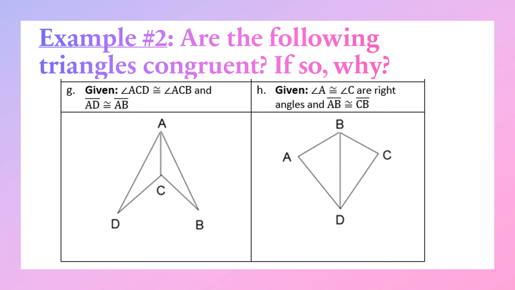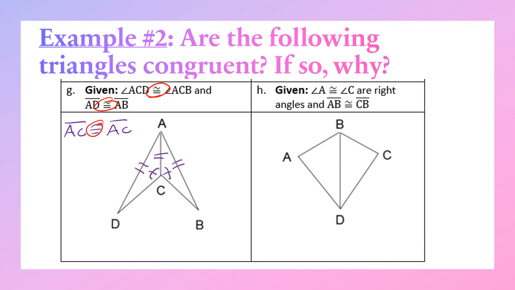You have angle ACD right here and angle ACB right here. They also tell us that AD is congruent to AB. Beautiful. So if I start counting, I have one congruent sign, two congruent signs. I am badly needing my third congruent sign. Reflexive property should literally be jumping out at you on these pictures by this point. So AC is congruent to AC.